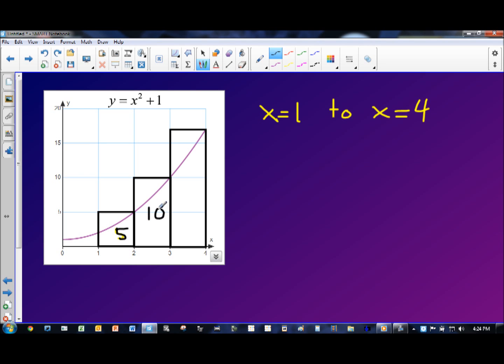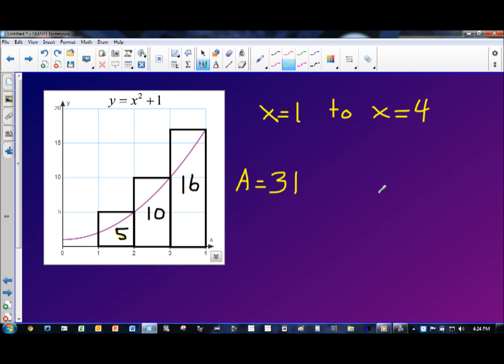So the area of that one is 10. And then this last one has a width of 1, and the height here is 16. So the approximate area from x equals 1 to x equals 4 is 5 plus 10 plus 16, which is about 31.